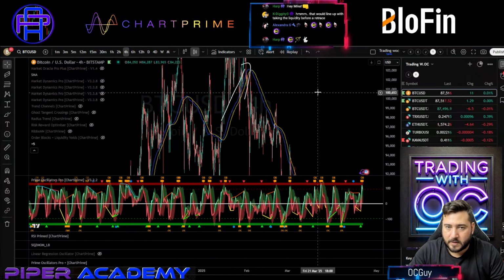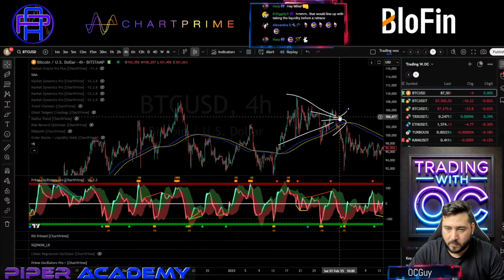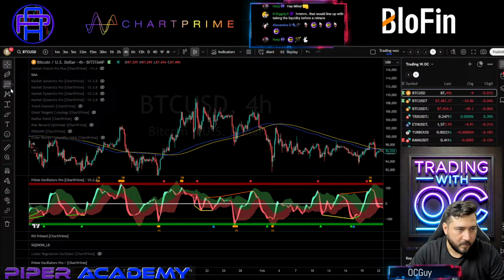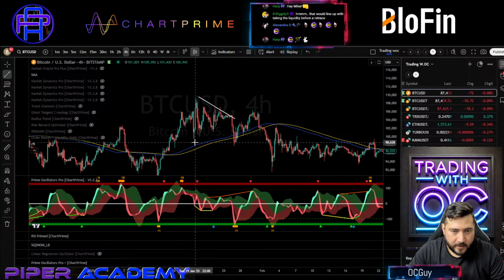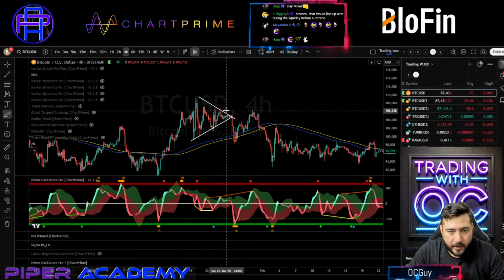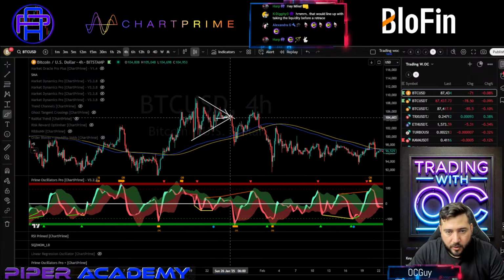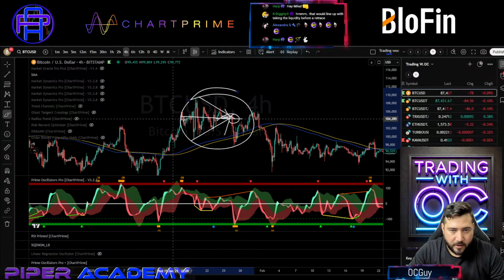Let me zoom in so you can see it better. Here is a symmetrical triangle. You see? One pointing downwards and the other one pointing upwards. Converging zone. So this is a triangle.